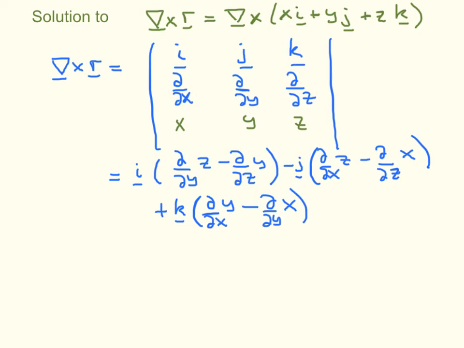So every component vanishes, and what we see is that the curl of R is 0. And with that, we can move on to the next slide.